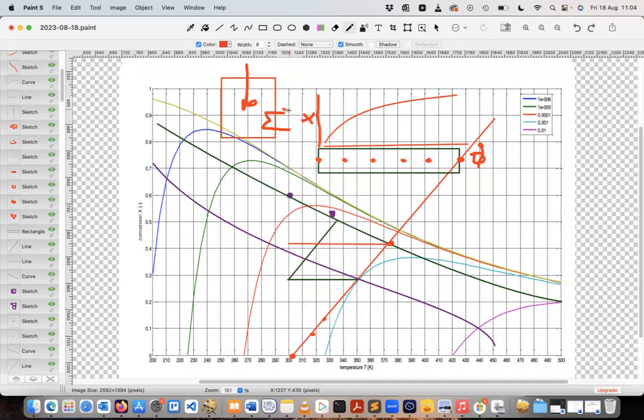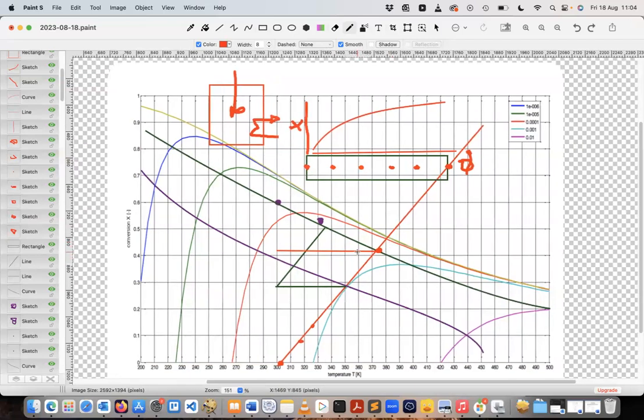So you perhaps wouldn't have any fluid in the cooling coil. You'll just let the temperature rise in that batch reactor until it reaches a point there. Then when it does that, you would switch on cooling and you would look for the batch reactor temperature to go down like this.